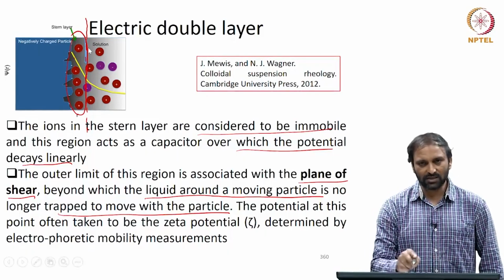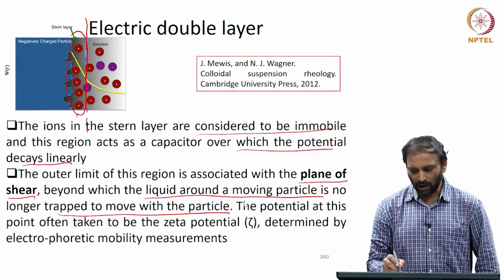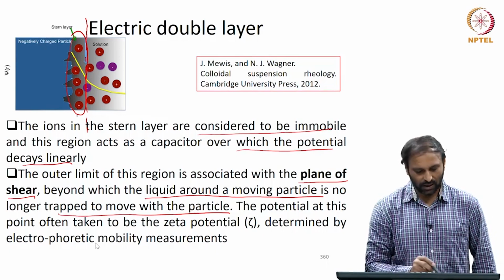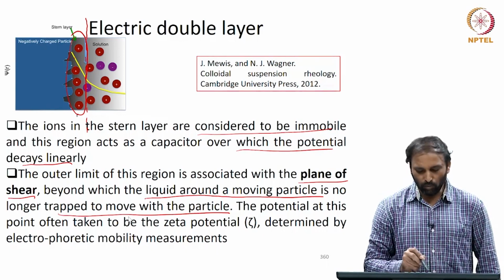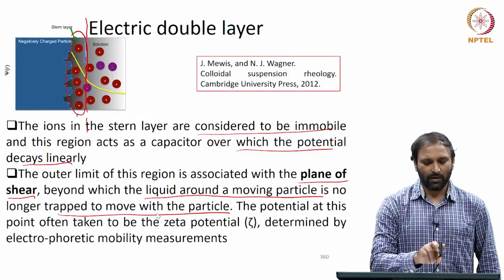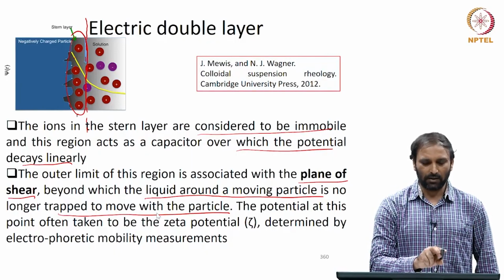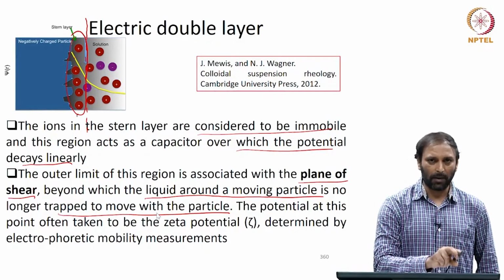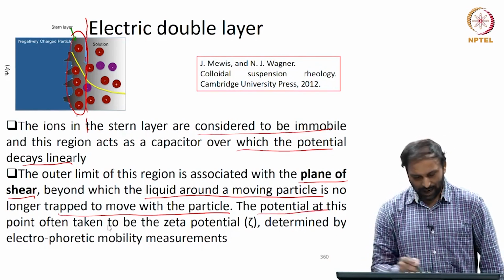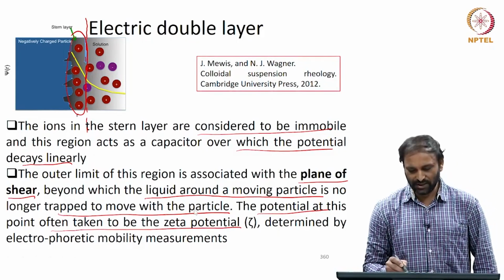However, beyond this boundary, the liquid around a moving particle is no longer trapped to move with the particle. So this boundary essentially tells you whether the liquid next to the particle is moving along with the particle or not. The potential at this point is often considered to be the zeta potential.